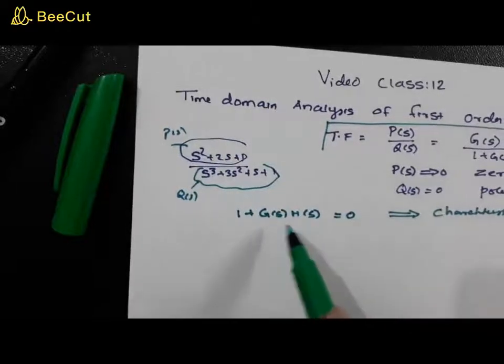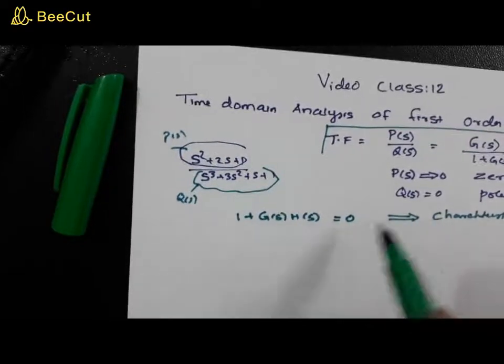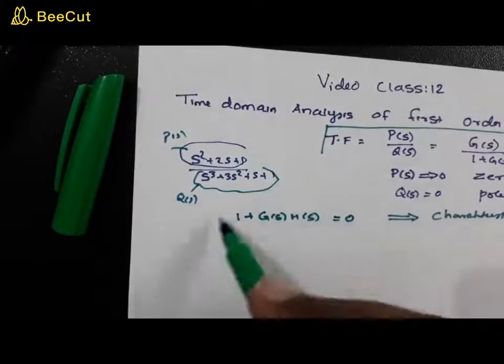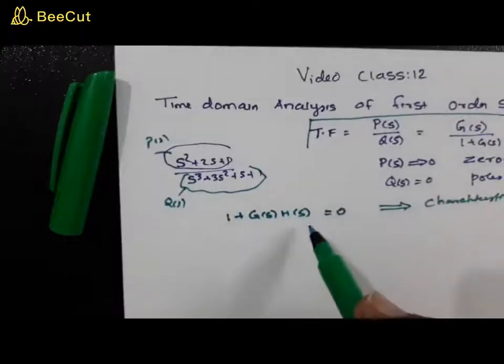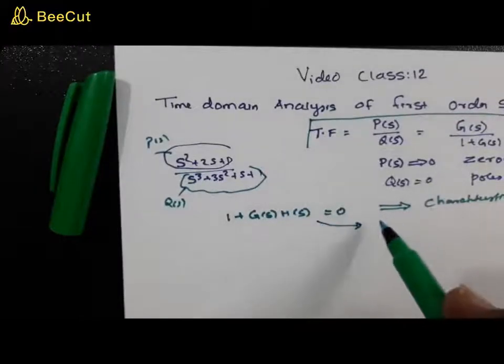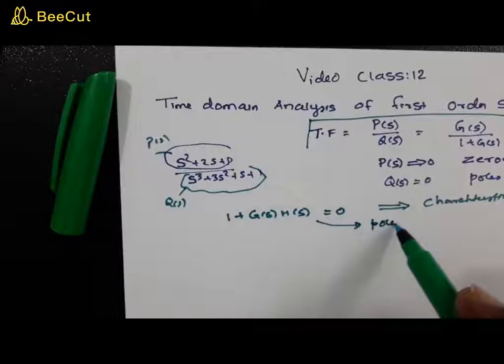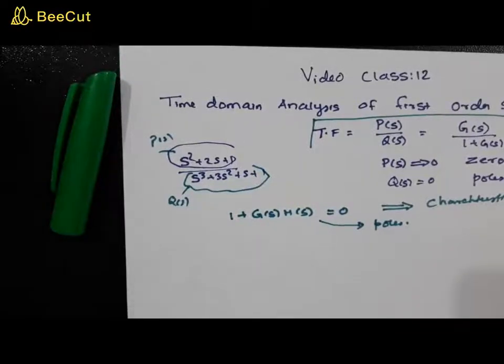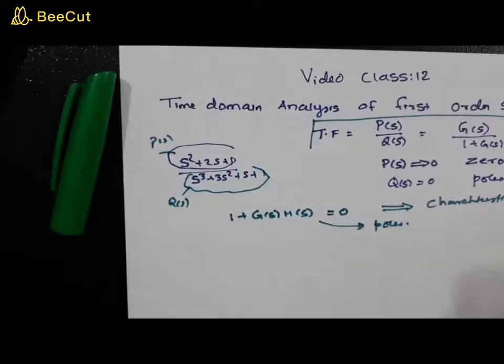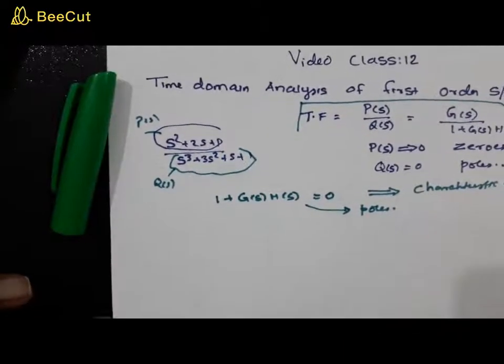So this is 1 plus G(s) equal to 0. When you solve this, you get the poles, the Q(s) of this transfer function. These poles and zeros are called critical frequencies, because they drive the transfer function either to 0 or to infinity.